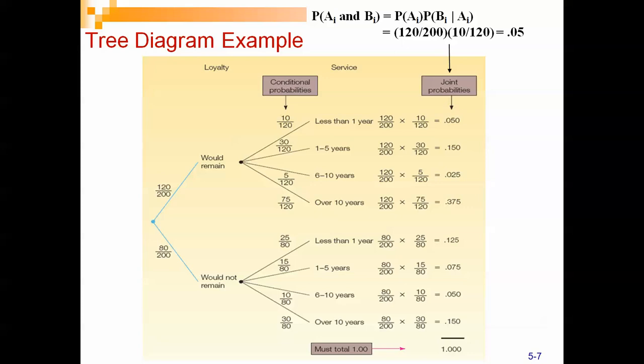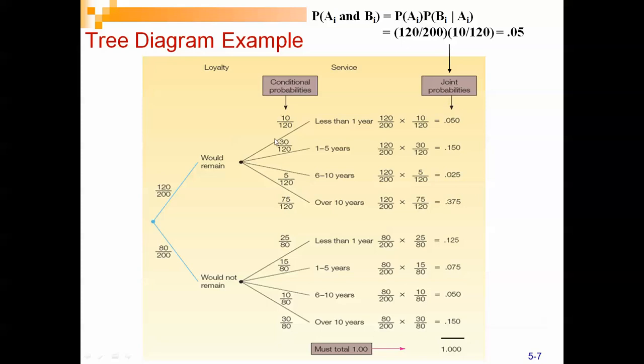The conditional probabilities for the upper branch of the tree are 10 divided by 120, and 30 divided by 120, and 5 divided by 120, and 75 divided by 120. And they're written on the appropriate branches.